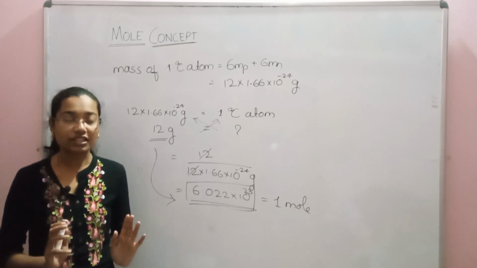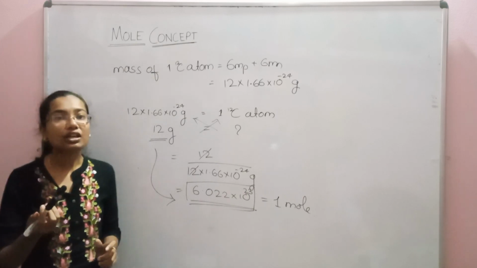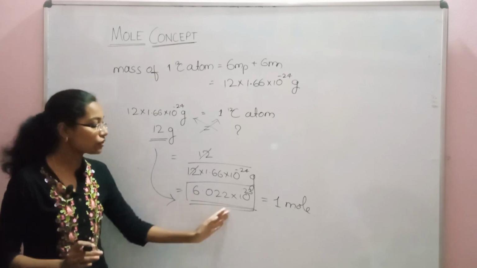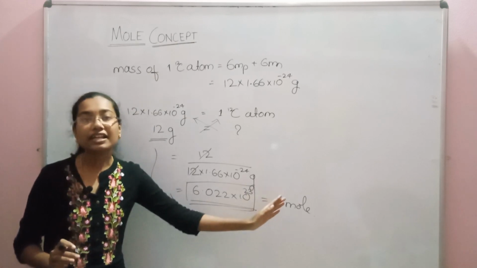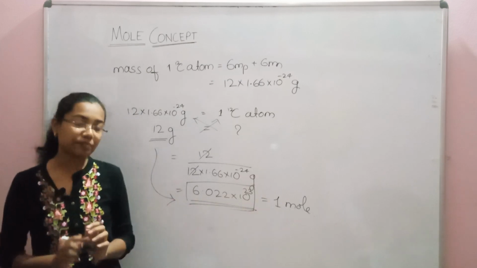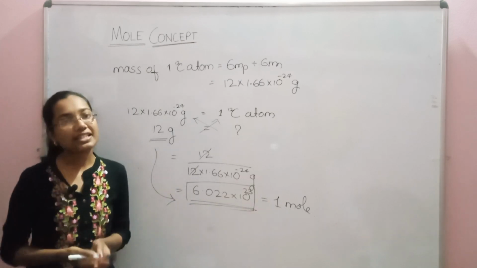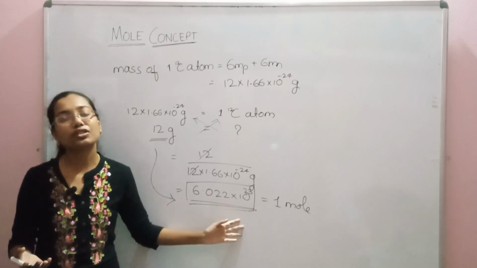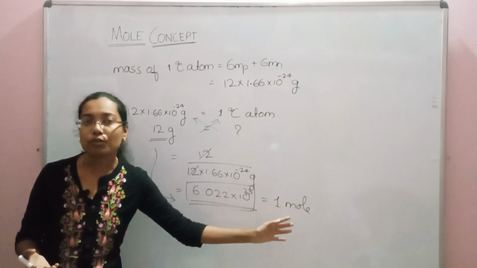This value will remain constant. For example, if you take 1 mole of hydrogen, then it will have 6.022 into 10 to the power 23 hydrogen atoms. If you take 1 mole NaCl, then it will have the same, that is 6.022 into 10 to the power 23 NaCl molecules.